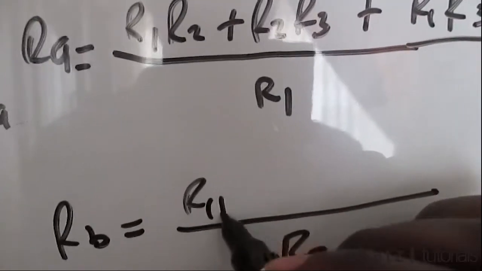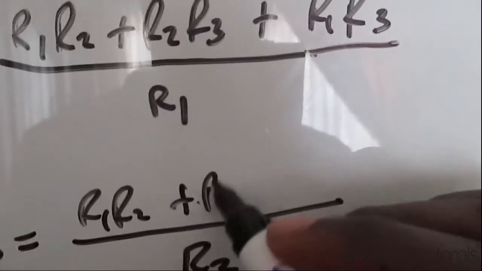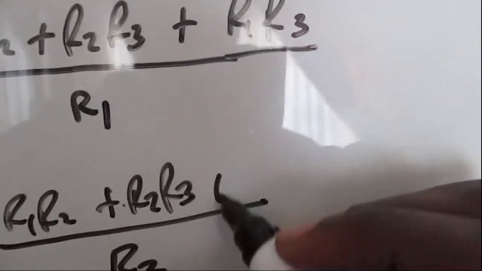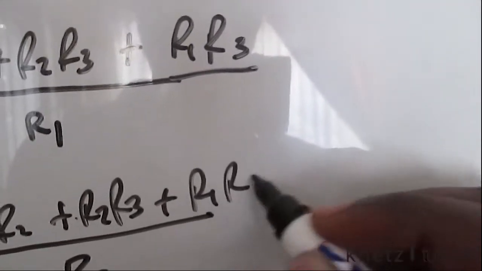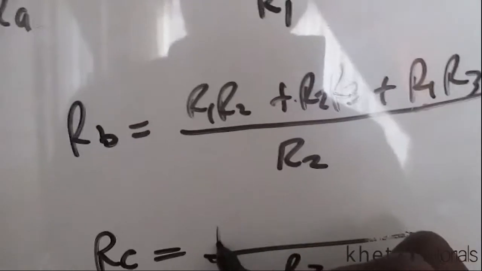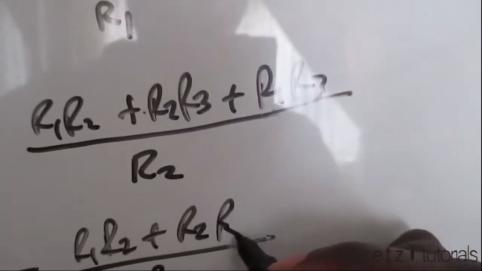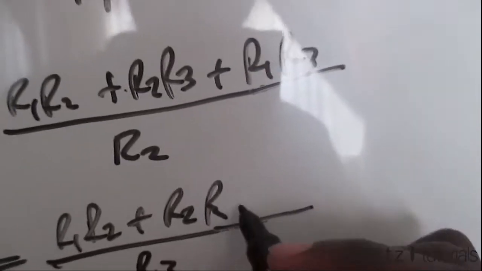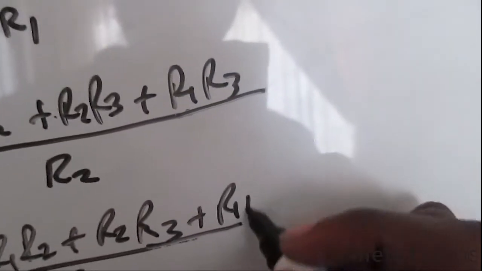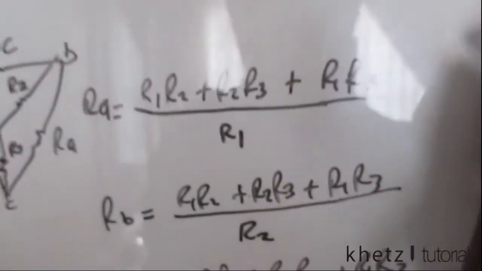So we have R1 and R2, we have R2 and R3, and finally R1 and R3. So this is all you do.